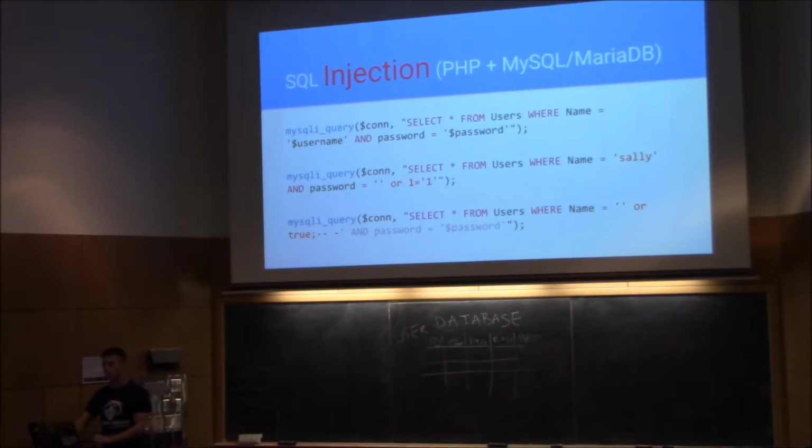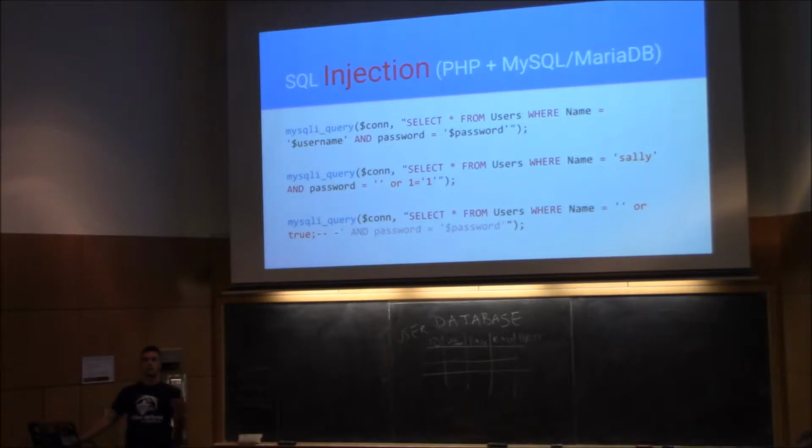So what we could do is input a name, for example Sally, and then for the password, we can directly type in what is read here. If we do a quotation mark, or 1 is equal to 1, quotation mark, now what we're doing is basically ending the password, not putting anything in for the password, and continuing on with that query, saying: get all the information where the name is Sally and password is blank, or 1 equals 1.